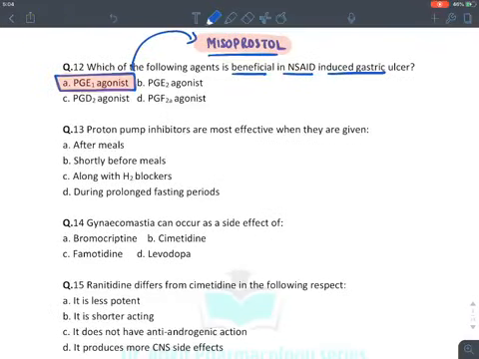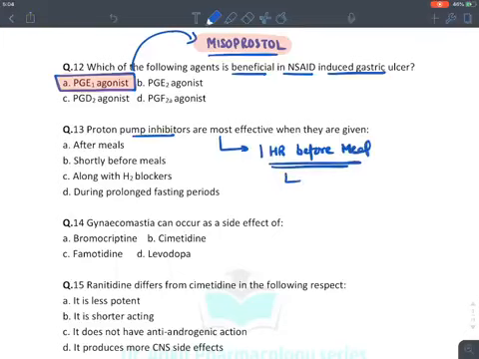Proton pump inhibitors are most effective when they are given in... Remember, PPIs are most effective when they are given at least 1 hour before meals. The reason is that before meals there will be the least HCl in the stomach, because a meal induces HCl production.